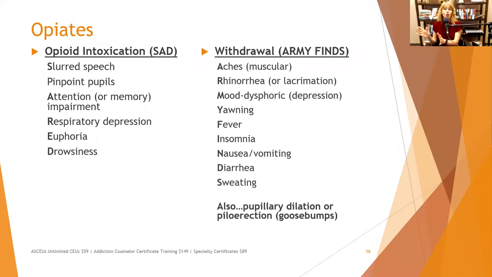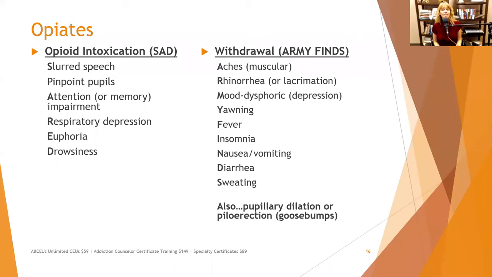Aches. Okay, withdrawal. The mnemonic is Army finds, and this has nothing to do with the Army. It's just the way the acronym panned out. Muscular aches, rhinorrhea, which is nose running, or lacrimation, which is eyes tearing and kind of running, so somebody kind of oozing.